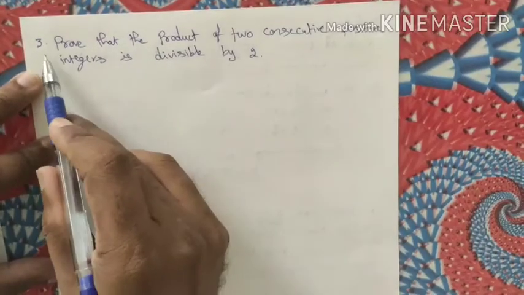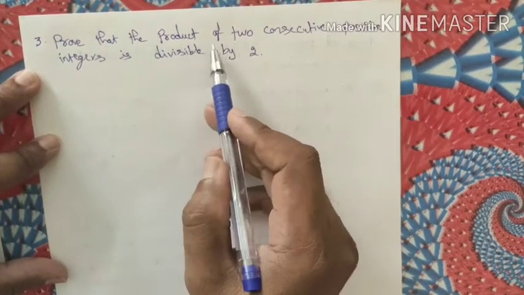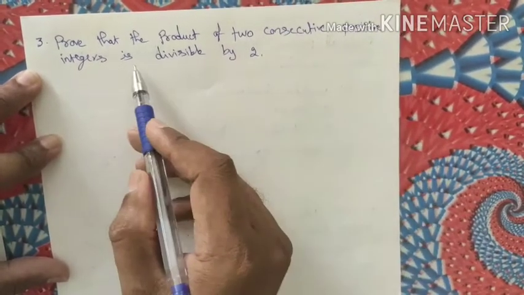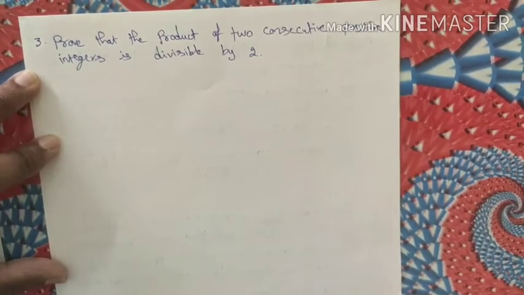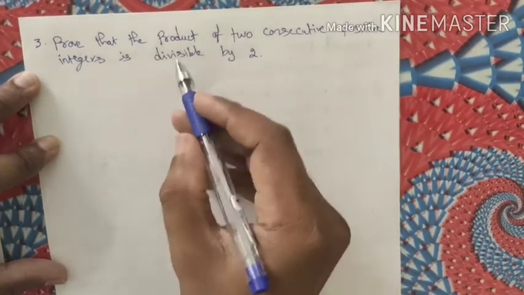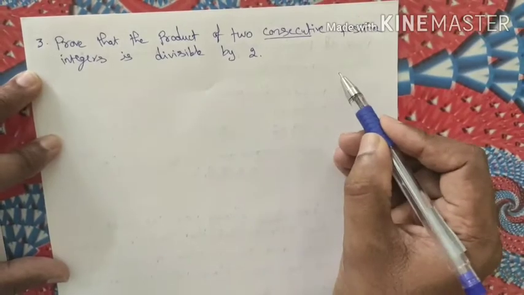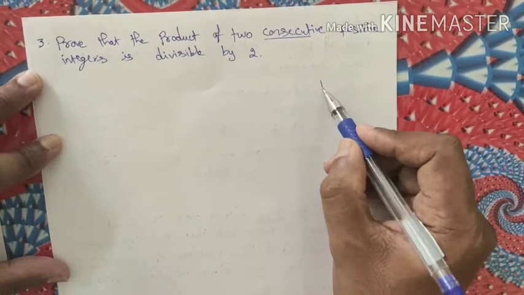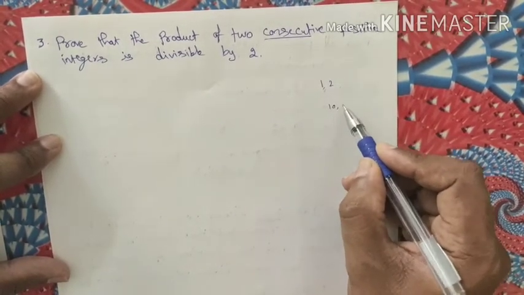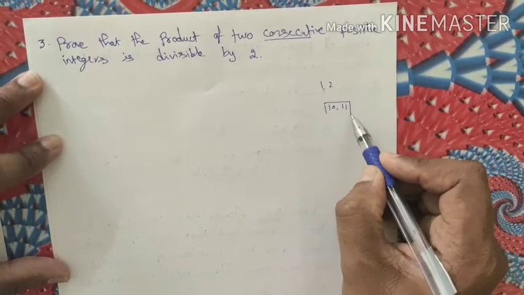Now see question number 3. Prove that the product of two consecutive positive integers is divisible by 2. Consecutive means the next number. Suppose I choose 1, the next number is 2. Suppose I choose 10, the next number is 11. These are consecutive numbers.